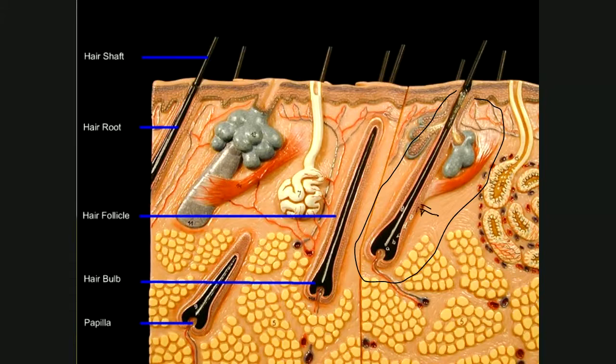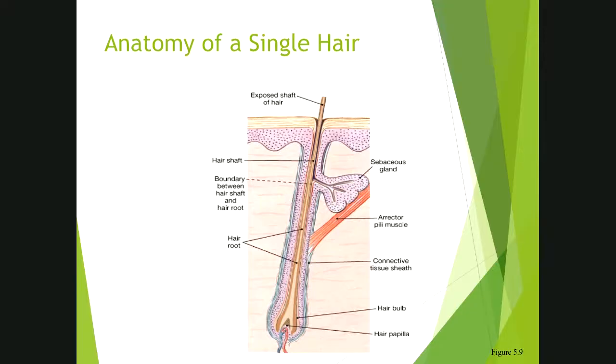And so you can see one layer followed by the next layer, followed by the next layer. And on this model, they actually put letters for all of the layers. Well, you can see the same thing here. So here's the bulb, there's our papilla, and here are the layers right here.